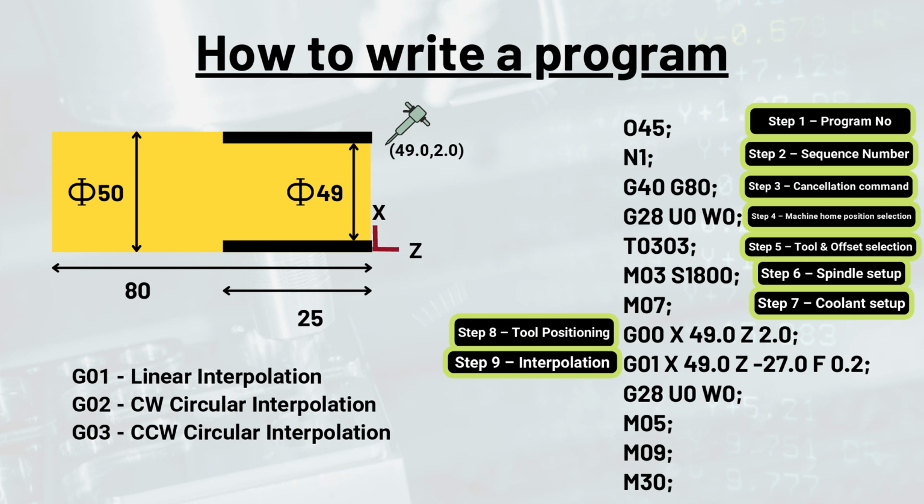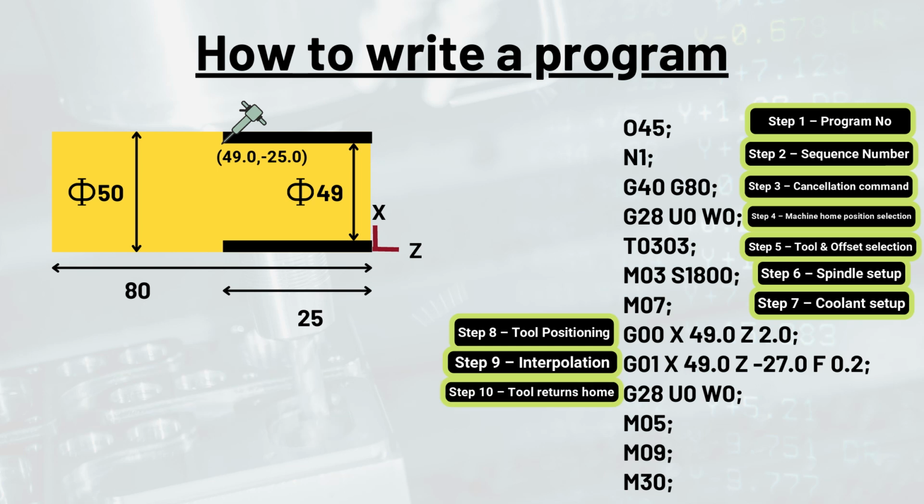Since linear interpolation is seen in this case, we will use G01 and the complete command would be G01 X49 Z minus F0.2. In the next step, we will retract the tool.